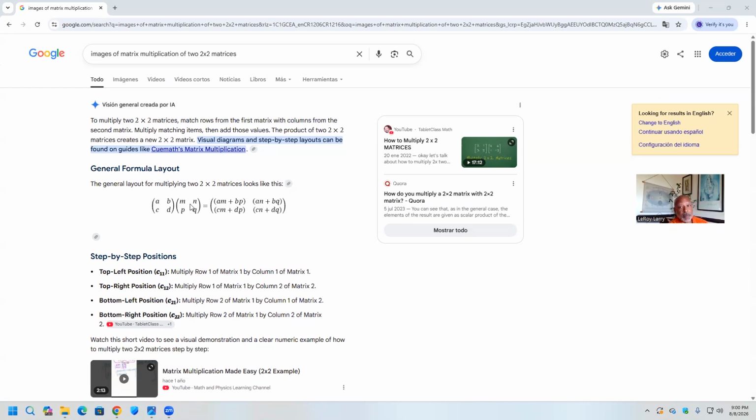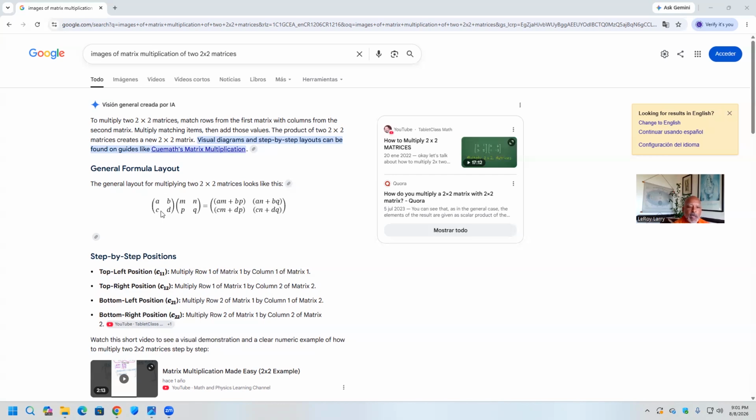And it is from linear algebra. You have the first matrix, A, B, C, D, which is like our 2x2 matrix. And then you have another matrix, M, N, P, Q. So this is similar to our 2x2 matrices.